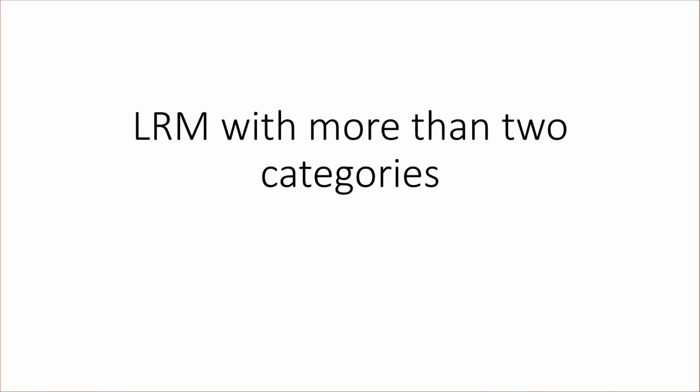Let's say that we have three categories to begin with. Let's say, for example, I want to investigate the effect of marital status on salary. So I observe individuals and I note if they are unmarried, married, or divorced.